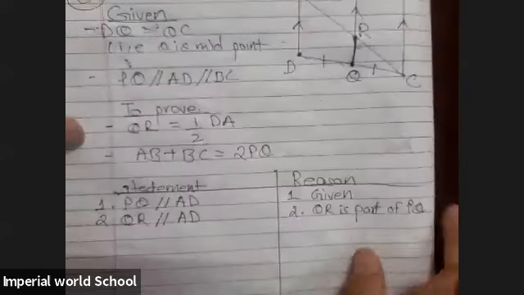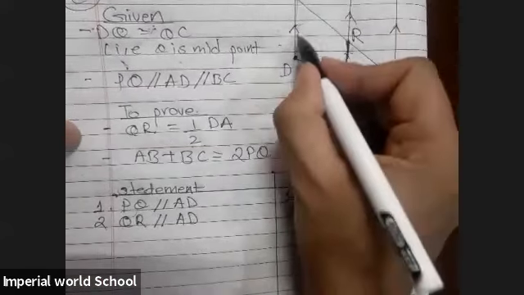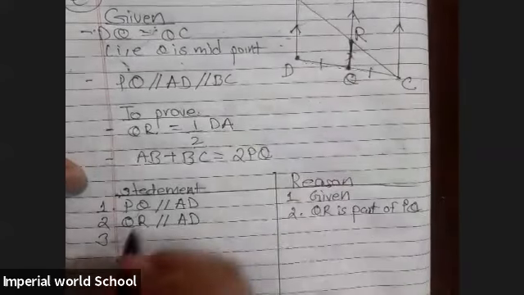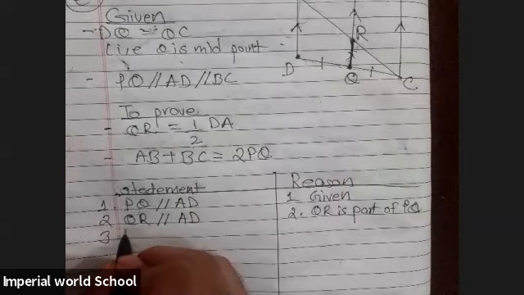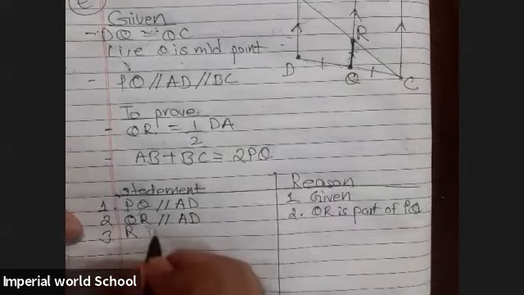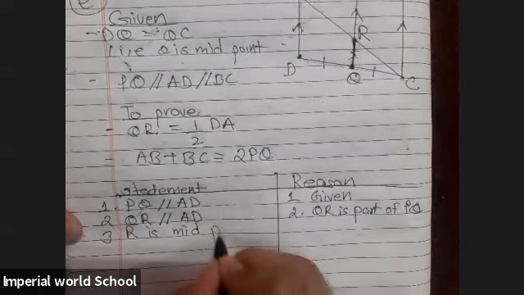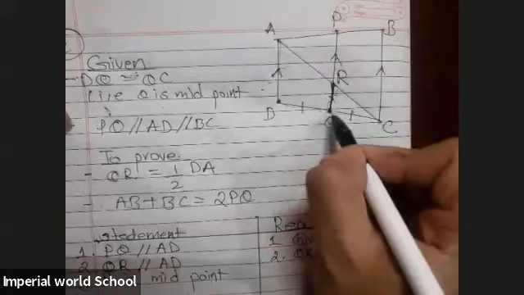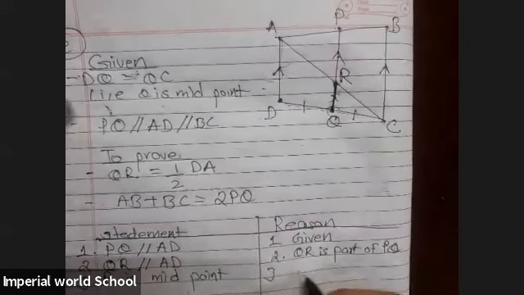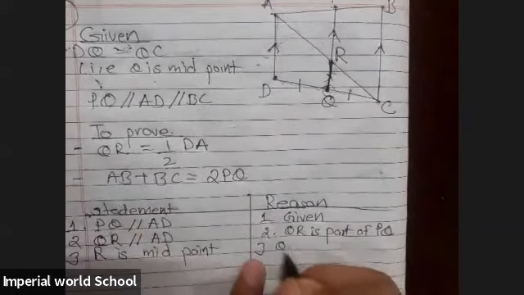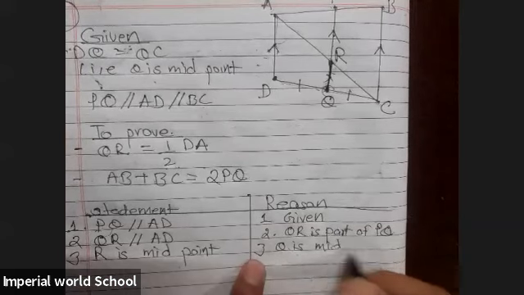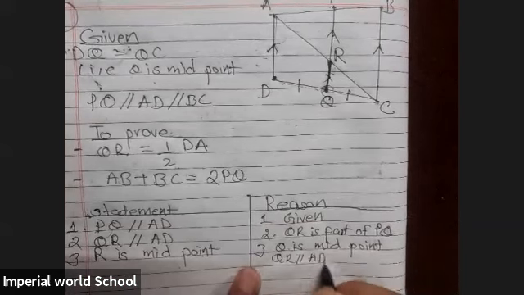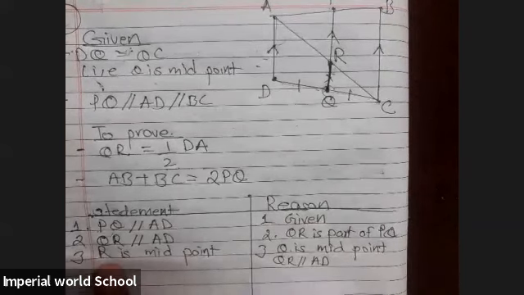So simply written that after this thing is already parallel and Q is midpoint, then R is also midpoint. So how can we say R is midpoint now? Like in our previous theorem, two conditions have already been fulfilled, because Q is midpoint and QR is parallel to AD in these statements, that's why R is also midpoint.